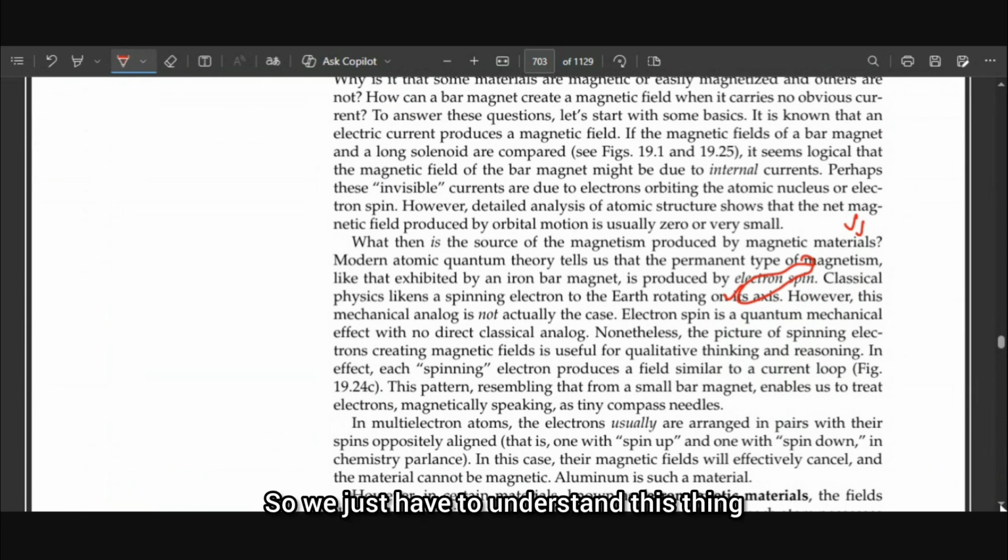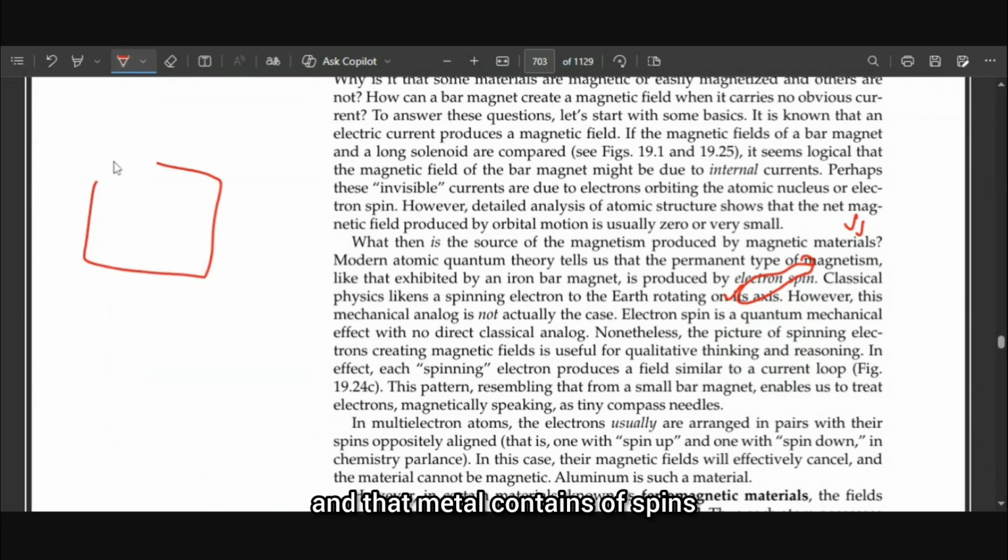So we just have to understand that if there is a metal and that metal contains spins, and these are electron spins basically, these electron spins can be aligned like that, or aligned like that also.